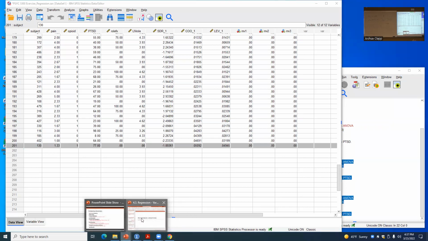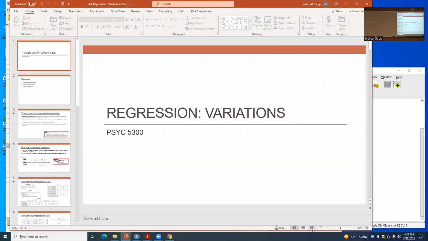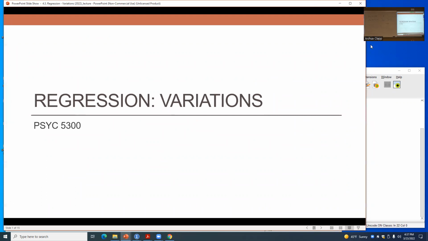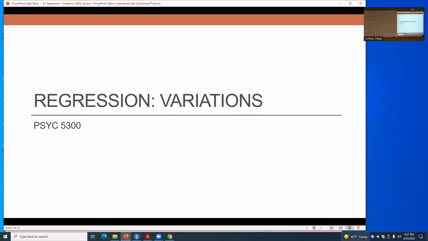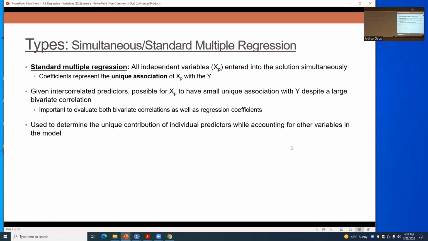Okay. So, gonna finish up with some variations on regression. We've gone through and done a whole bunch of stuff and put in all the hard work. Now we want to talk about actually running the regression models that we want to do, okay?